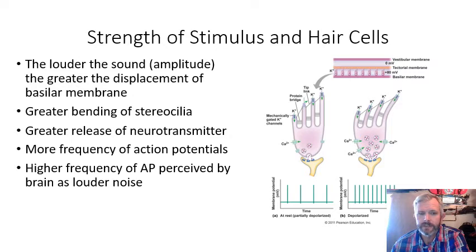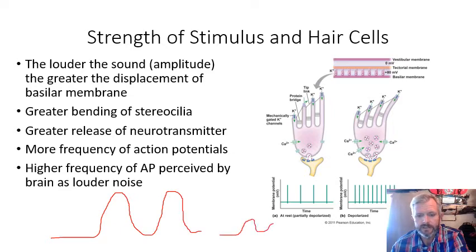So, strength of stimulus. Here are our potassium channels. You can imagine the bigger amplitude, say this compared to this, is going to cause more bending of these hair cells. So higher amplitude is going to bend it more. I'm going to have more channels opening, more influx of potassium, a stronger signal, more neurotransmitter release, and more frequency of signal.